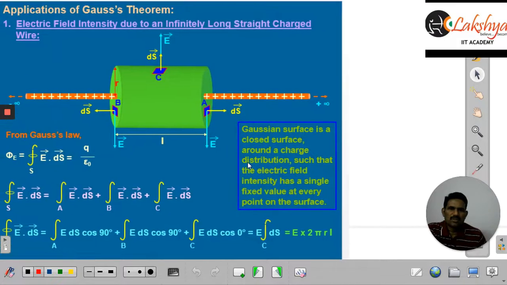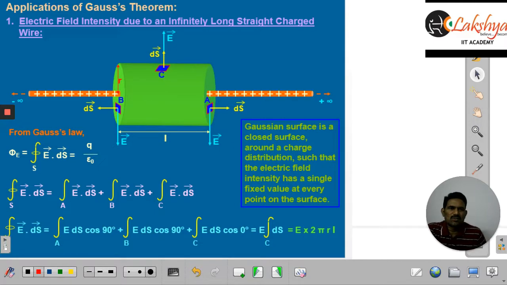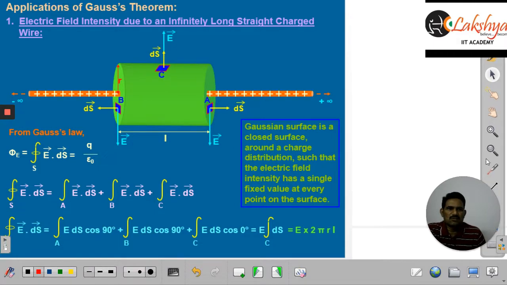This is an infinite wire, and we are taking a Gaussian surface of this radius r. Suppose we are finding the electric field here.